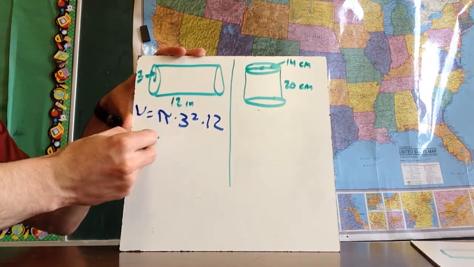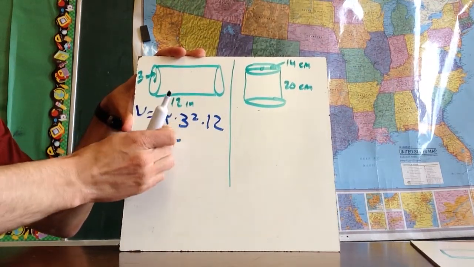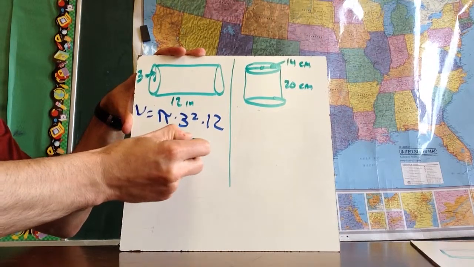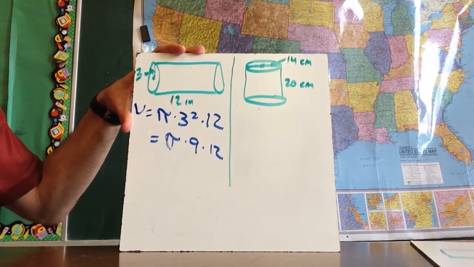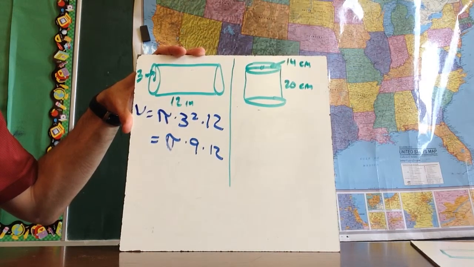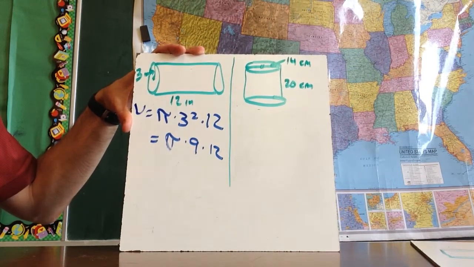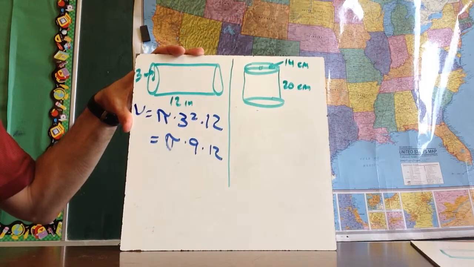So this is pi times 9 times 12. And 9 times 12 will be 108 times pi.